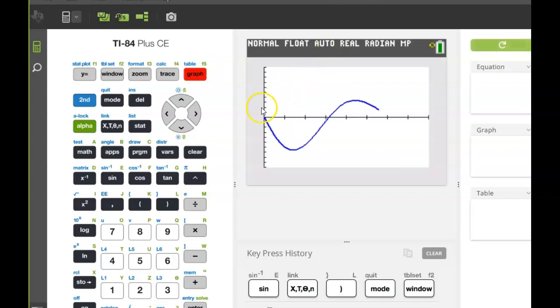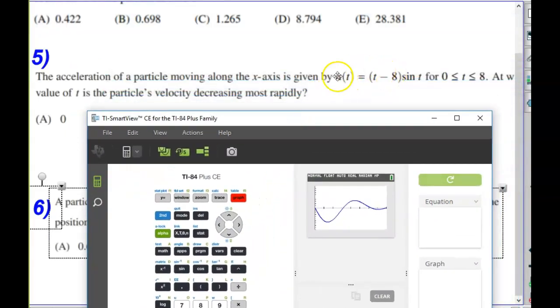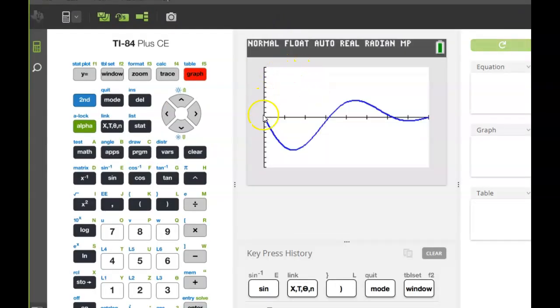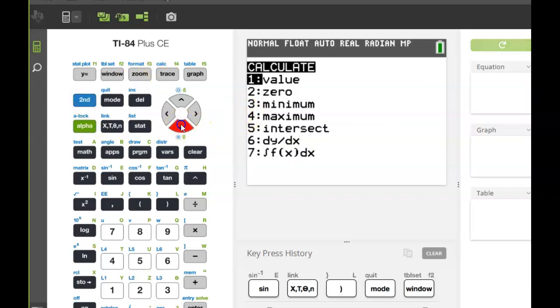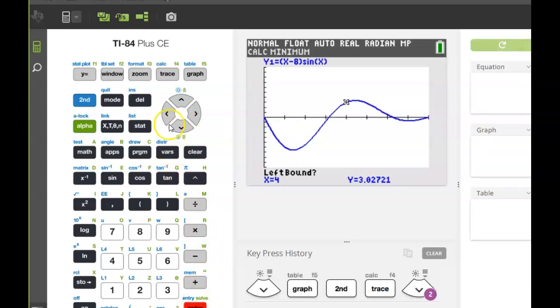And here's the connection. This is the graph of acceleration. When is velocity decreasing the most rapidly? This is the graph of the slopes of velocity. The rates, this graph is the rates of velocity. So when is it the lowest? What are we going to do? Find the minimum. This is the graph of the rates of velocity, its acceleration, so go to minimum.